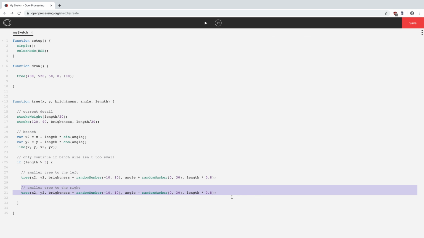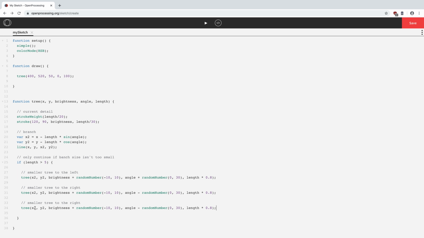Let's have that going in one direction. We can say, I can say another small tree to the right, but branching at halfway along line. So instead of x2, we're saying it's going to be x plus x2 divided by 2.